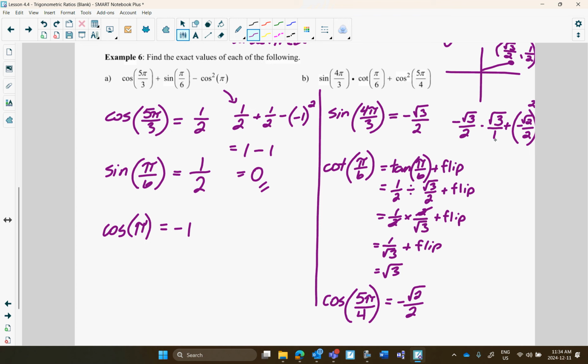Okay, well, I'm going to write root 3 as a fraction. What do I get when I multiply these two? What's root 3 times root 3? It's negative root 9, which is just negative 3 up top, 2 on the bottom.